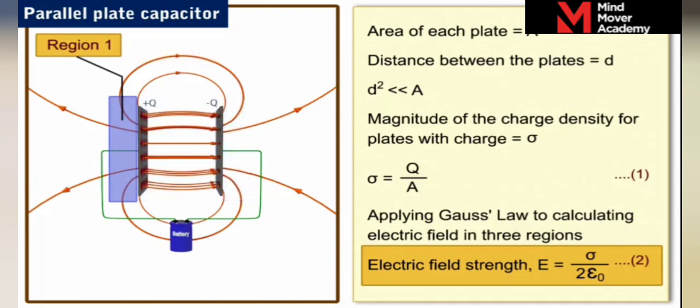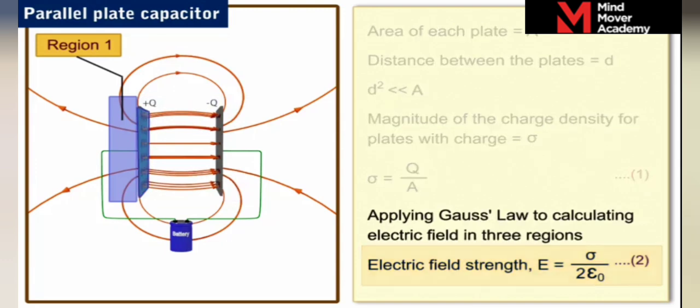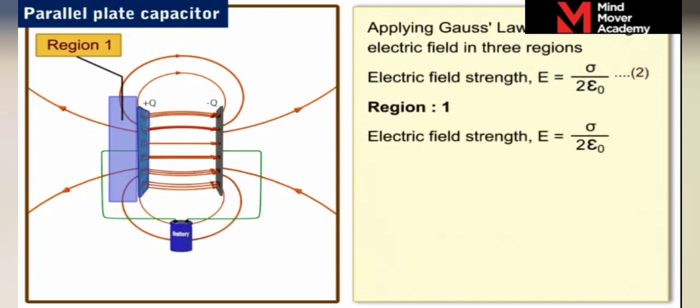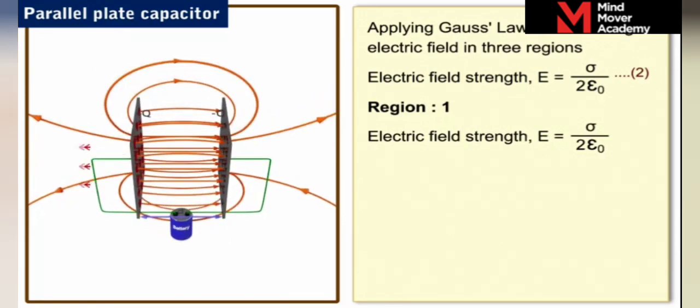In region 1, we see that due to the positive plate of the capacitor, the electric field strength E is equal to sigma by 2 epsilon naught and directed away from the positive plate and towards the left.